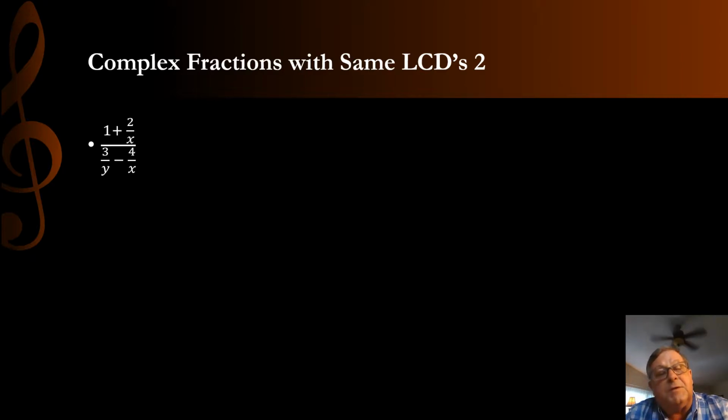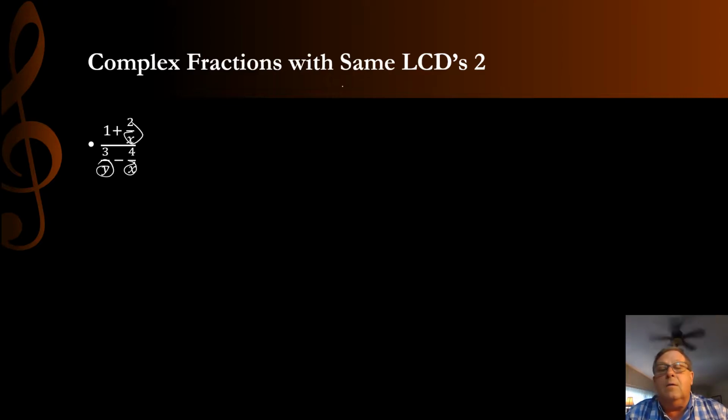Now in the numerator, the denominator of the 1 is just 1, so we don't really have to concern ourselves with that. But here we got an x, and here we got a y, and then we got another x. And so our lowest common denominator for all of this is xy. So we're going to multiply every term in this complex fraction by xy.